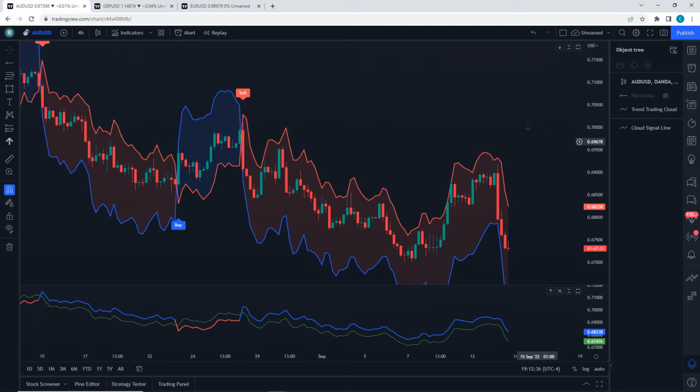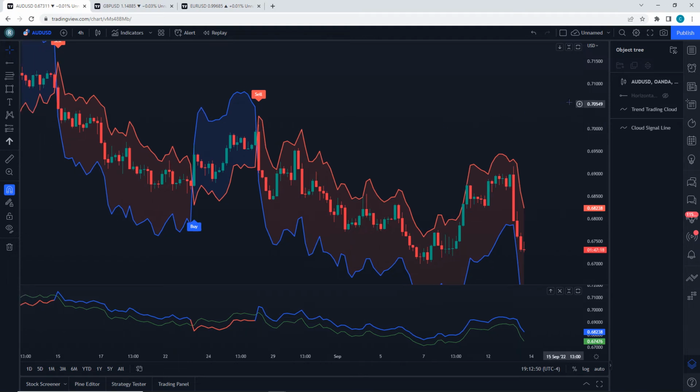Now, of course, my favorite is the trend trading cloud. And this is not just a simple way to tell the trend, which it is, but it has so much more to offer than just that.